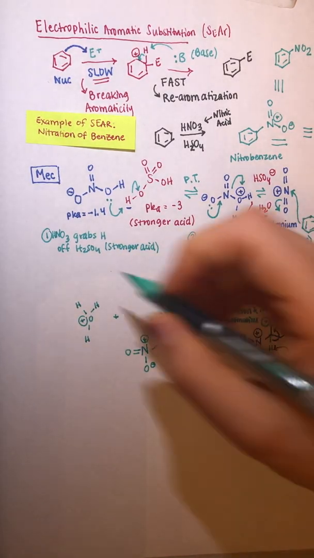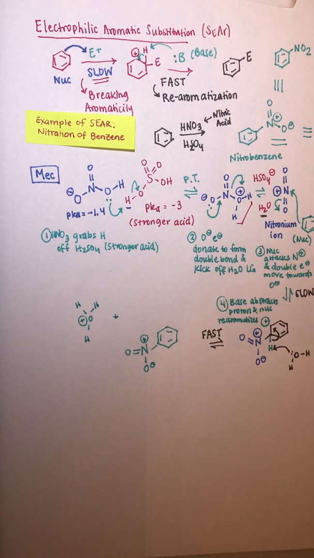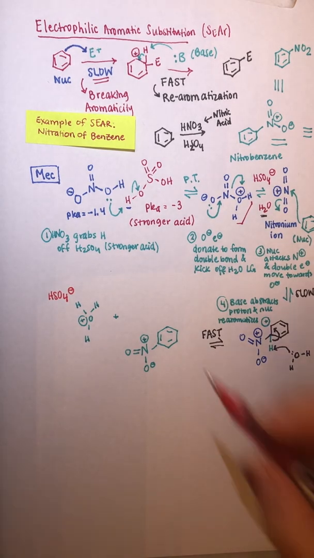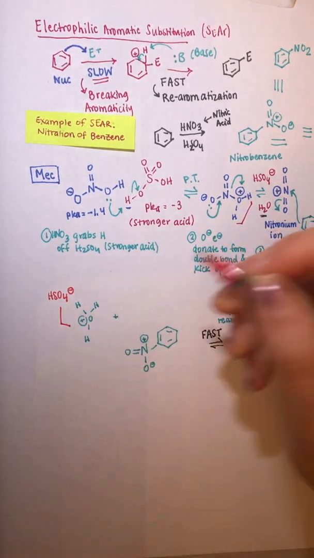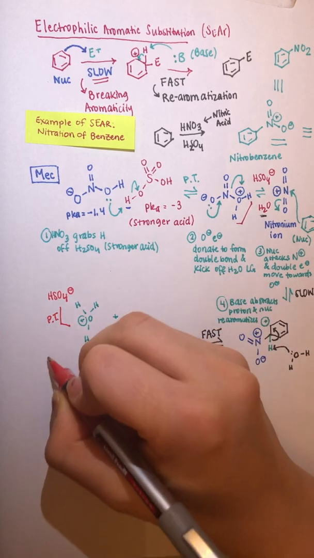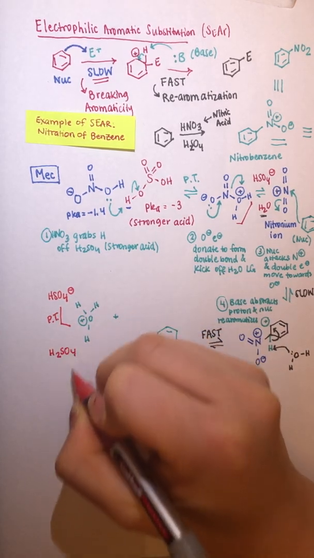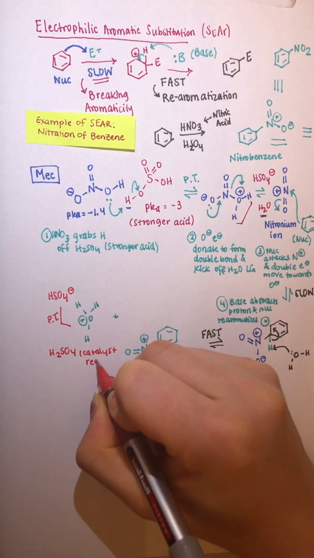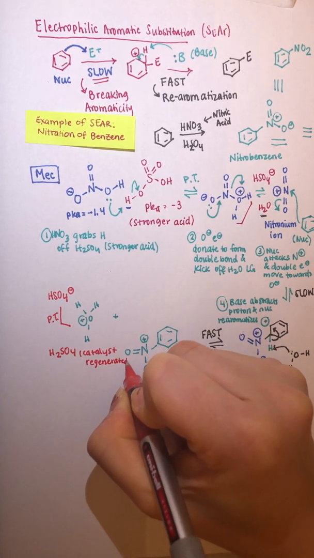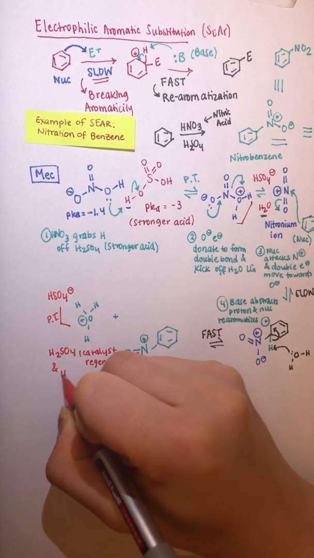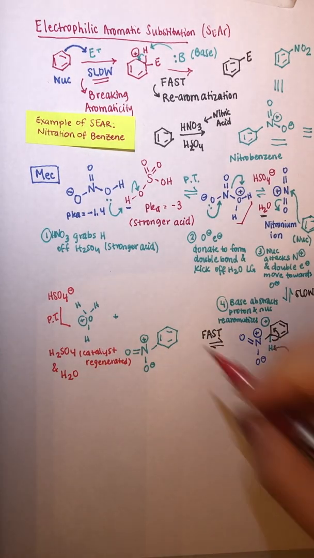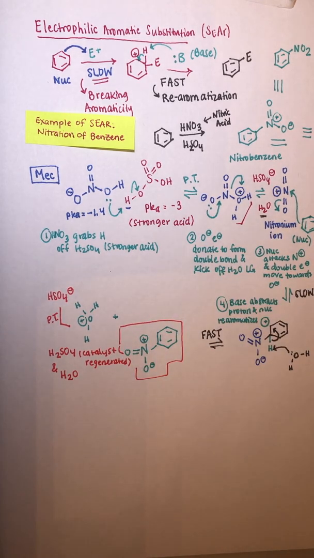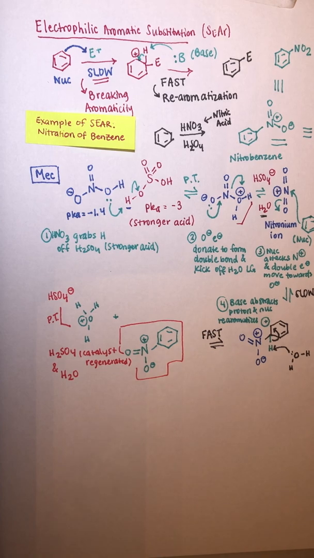But of course, as I told you before, from the previous step, from when we had HSO4 minus, right, these will have a proton transfer between them, okay, and we'll end up with H2SO4, right, so catalyst regenerated, and water. Okay, and this is your main product right here, right? We nitrated benzene, and yeah, that's it.